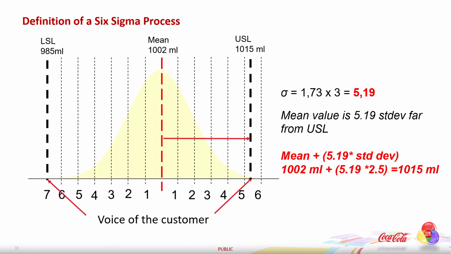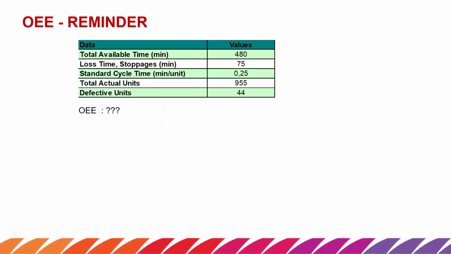So the mean value is 5.19 standard deviations from the upper specification limit, and the mean plus 5.19 times standard deviation is equal to the upper specification limit. So you can see this is actually the condition of that process.